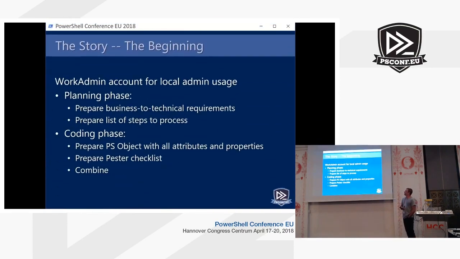Okay, the beginning. The first trials with Pester a few years back, this was the new black in town. Like 2 years ago, everybody was talking about Pester, but to find a real-life example besides simple features was a daunting task. So I decided we build our own.